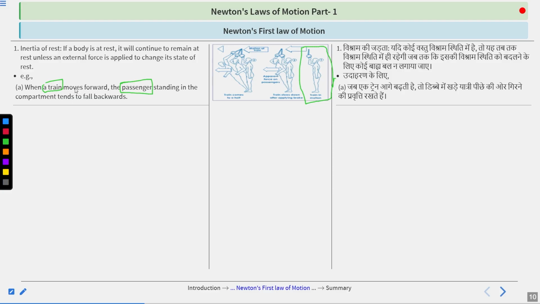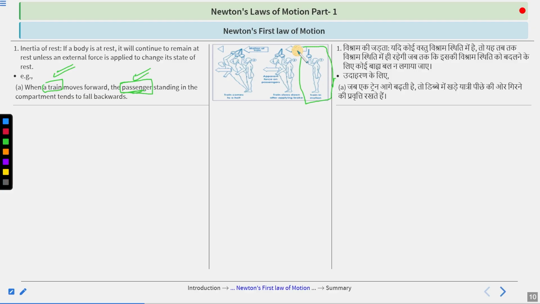If the train starts to move forward, the train has changed its initial state of rest because some external force was applied on the train. So the train starts moving. But the passenger, who has a different body, is not experiencing any external force, so his body will not change its state of rest. That's why when the train moves forward, you lean backward, because in reference to the train, your body is at rest.